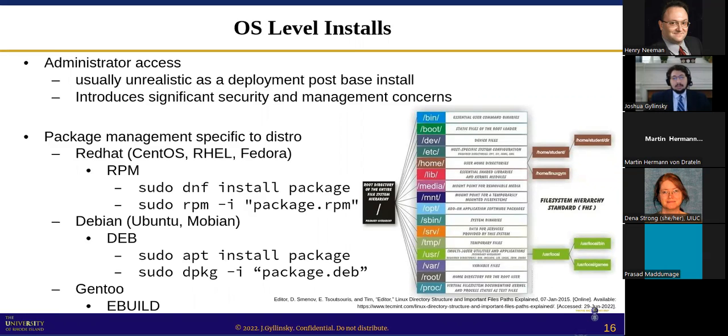So it would be the same setup whether you own the machine or you are running the virtual machine, of which if you had administrator access, you'd use kind of standard operating system level deployments, such as DNF for Red Hat or the apt suite for Debian.